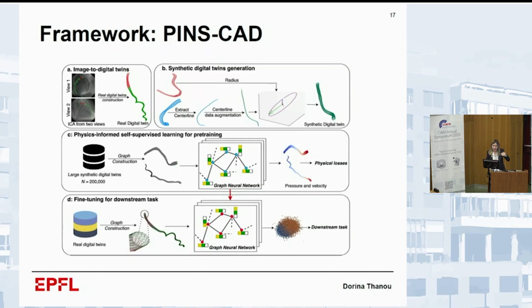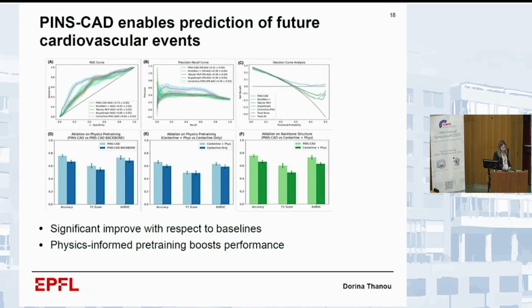So we can pre-train with quite a lot of synthetic data generated from patient data. And then once we have this pre-trained pipeline, we can fine-tune it using, again, graph neural network-based architectures that I will not go into the details of, in order to achieve some predictive performance on downstream tasks that are related to future events.